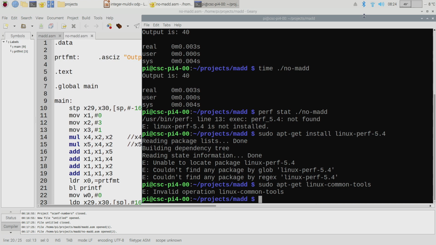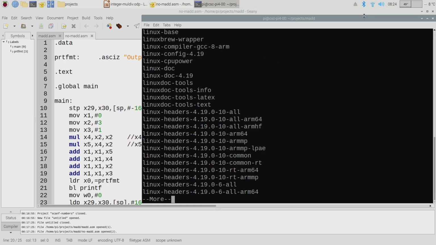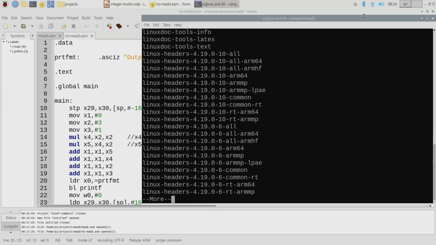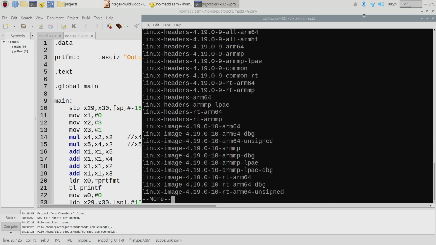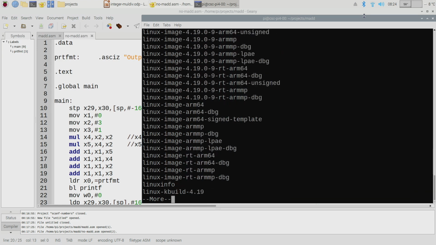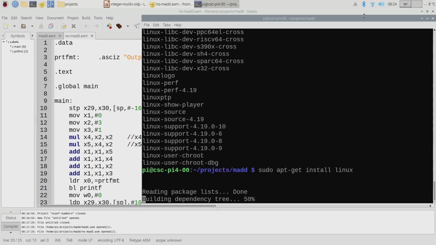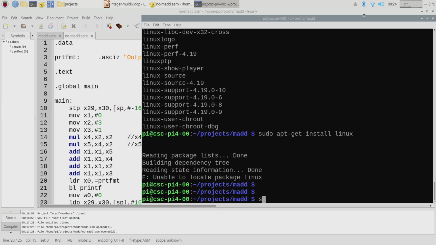Okay, I'll figure it out. It's like Linux Tools Common or Linux Common Tools or whatever. I don't remember. Oh, no wonder, I did the same thing twice. It's install. All right, let's see what it is. Let's just do Linux perf.